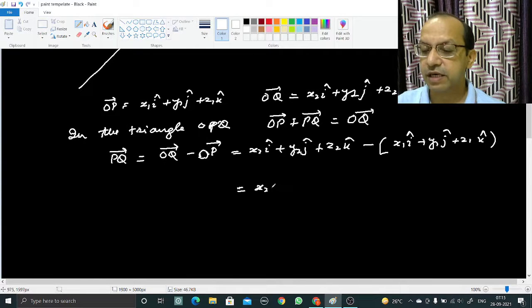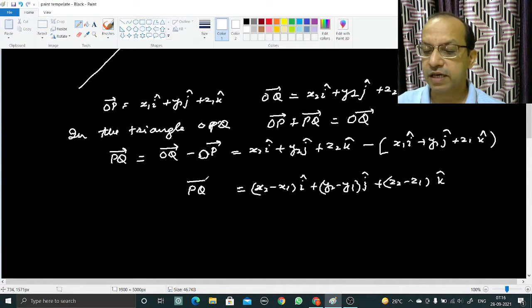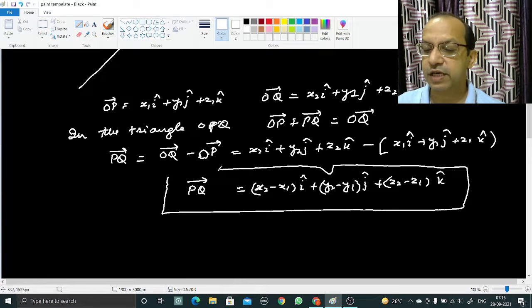That means it is x2 minus x1 i cap, plus y2 minus y1 j cap, plus z2 minus z1 k cap. So this is PQ. The vector joining P and Q can be written in vector form as x2 minus x1 i cap, y2 minus y1 j cap and z2 minus z1 k cap. So this is the answer of this question.